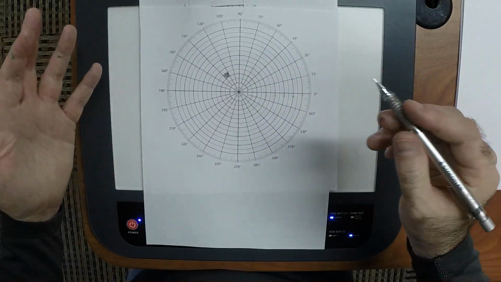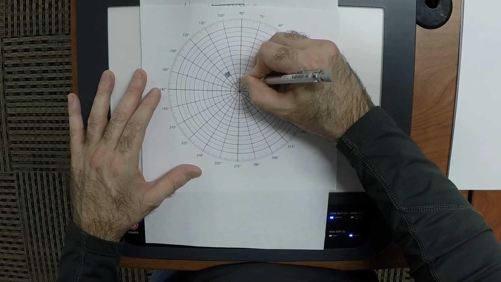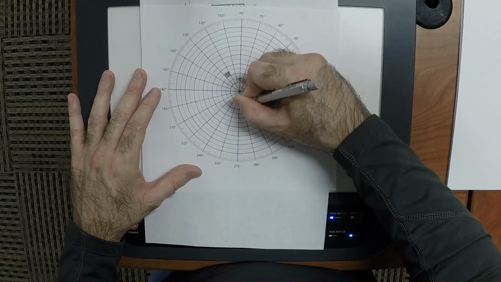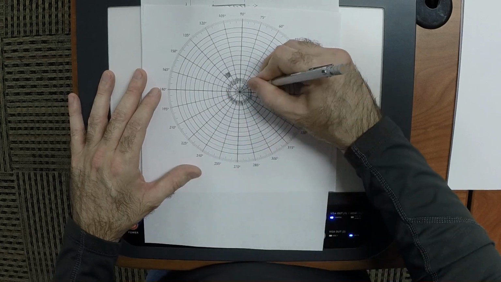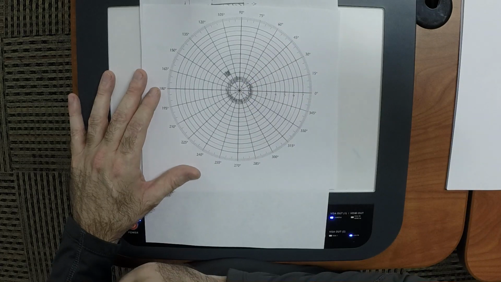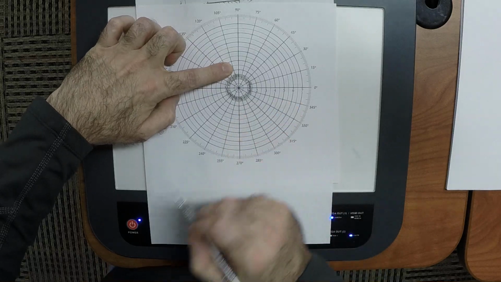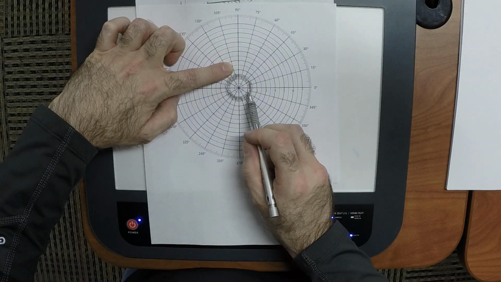You could, for example, select this region, and that would be all the stuff between radius 1 and 1.5.